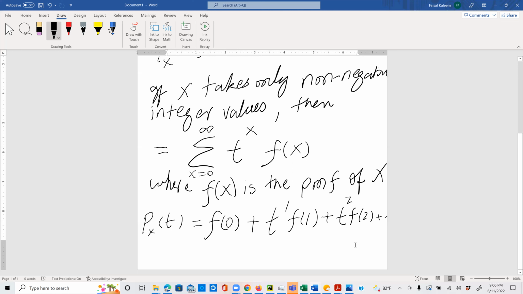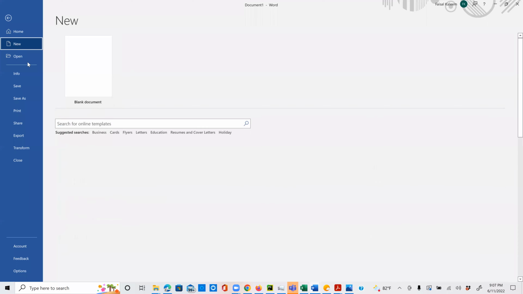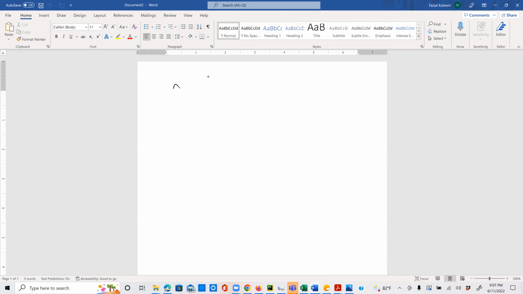And so we see that f of 0 is the probability that X is equal to 0, and f of 1 is the probability that X is equal to 1. Recall that f of 0 equals the probability X is equal to 0. Similarly, f of 1 is the probability X is equal to 1, and so on.